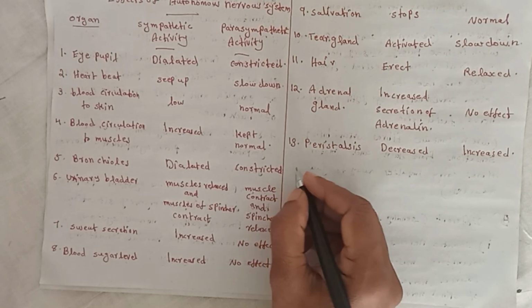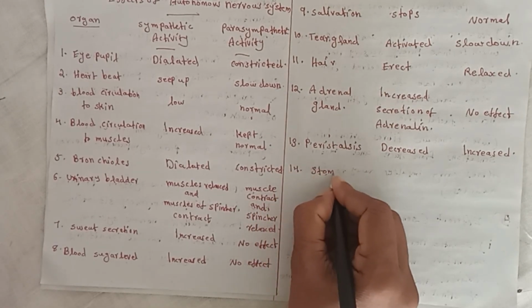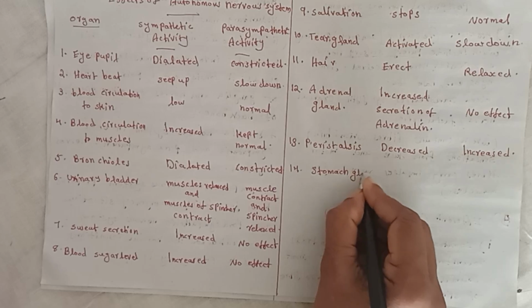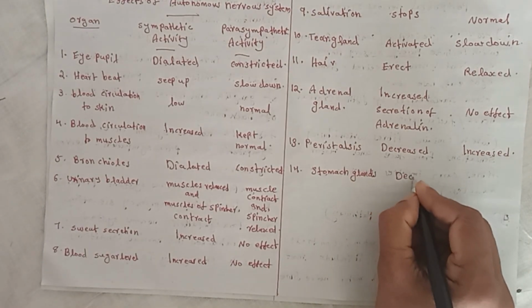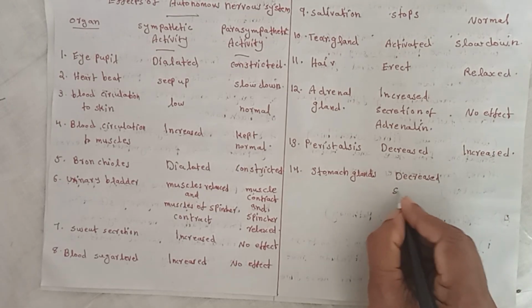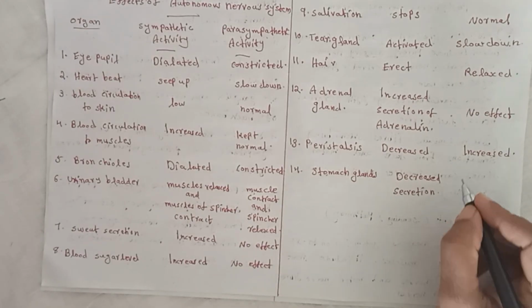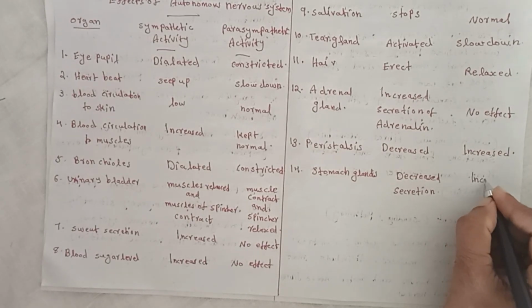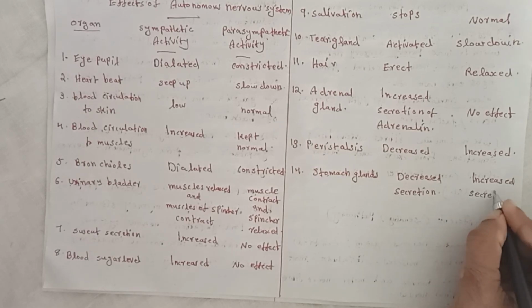There are different types of stomach glands: decreased secretion, then increased secretion.